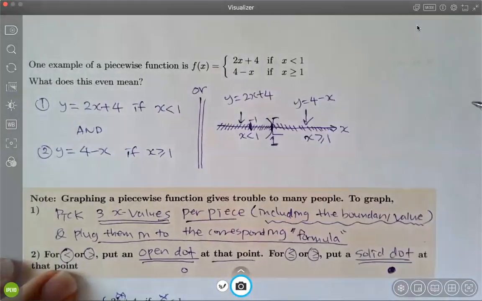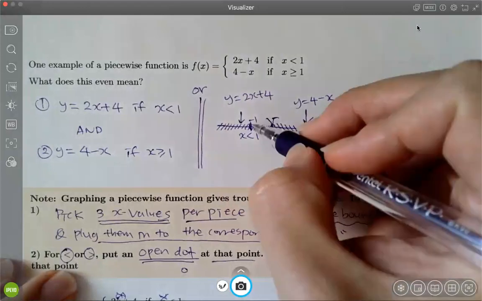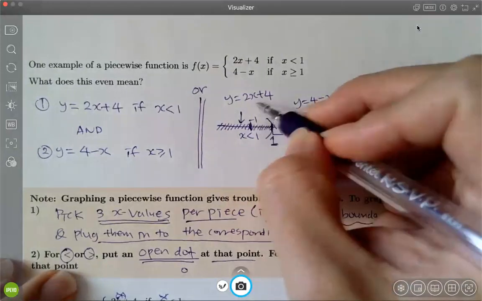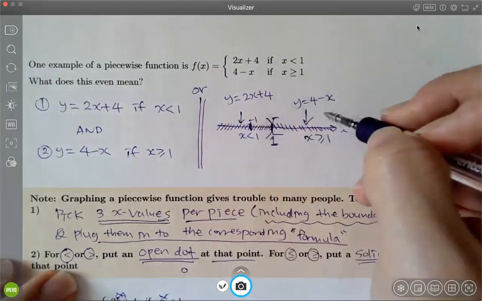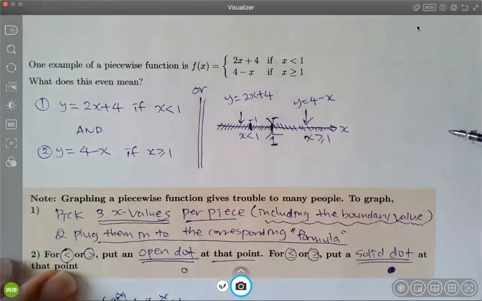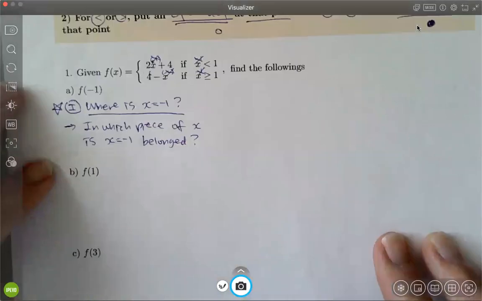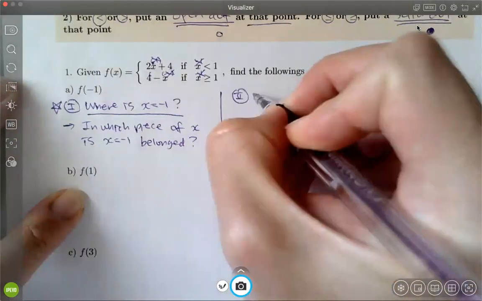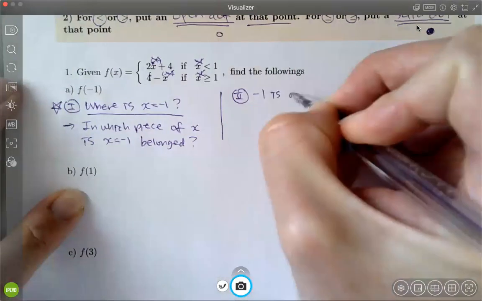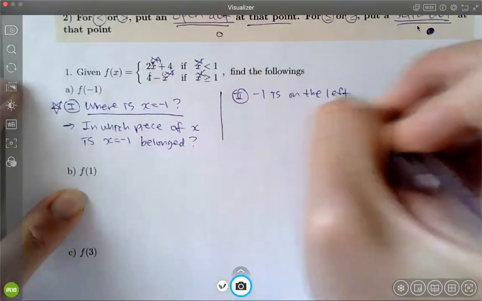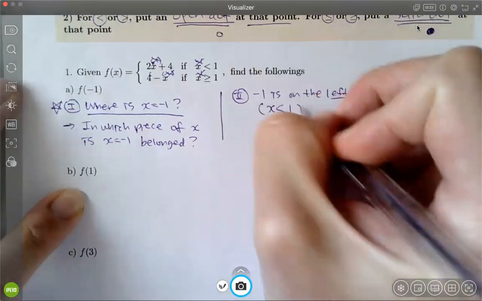Okay, so what does that mean? Negative 1 will be controlled by 2x plus 4, not 4 minus x, right? So again, going back to here, negative 1 is on the left, which means it's under x being less than 1, right?